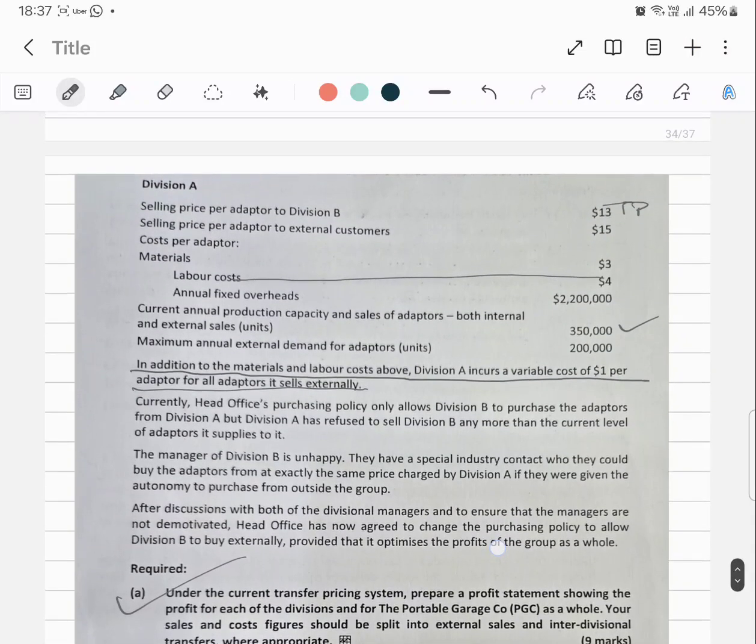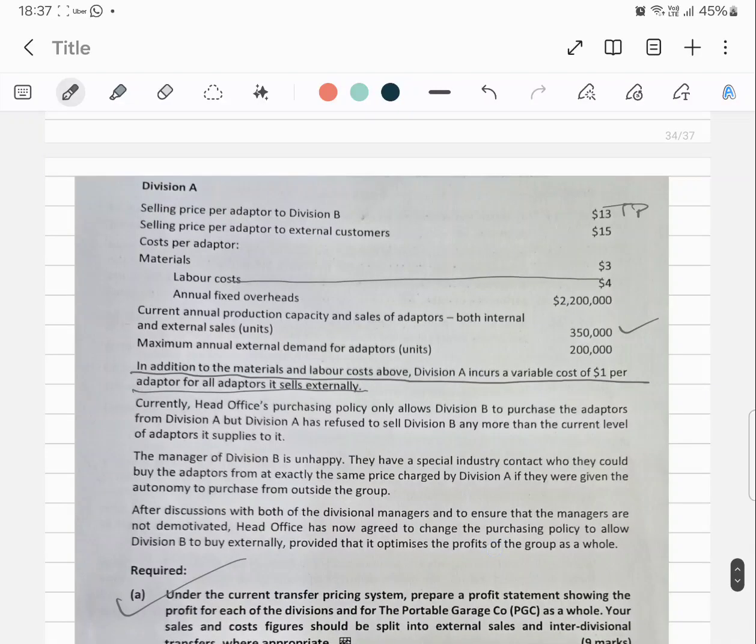It is somewhere given in the question that currently head office purchasing policy only allows division B to purchase the adapters from division A, but division A has refused to sell to division B any more than the current level. Manager B is unhappy and they have a special industry contract who could buy the adapters at exactly the same price.